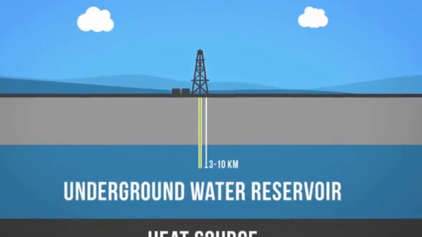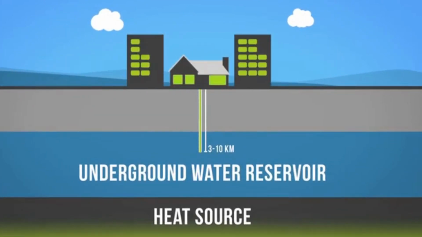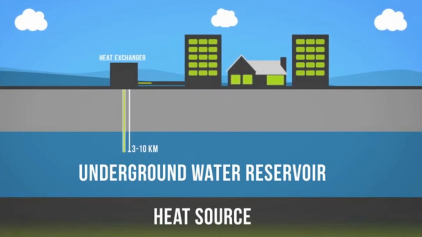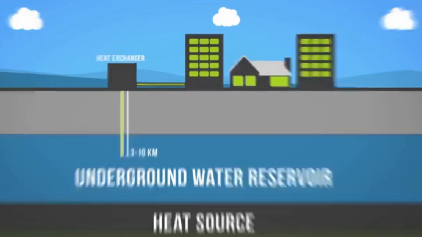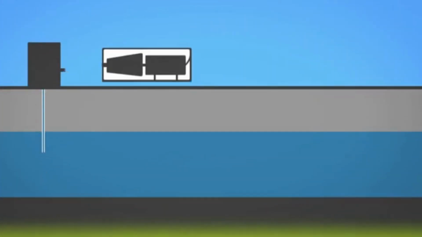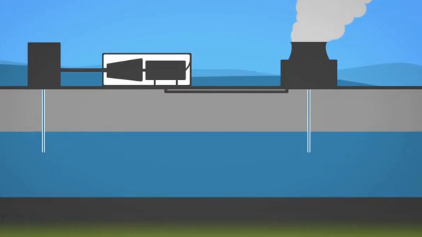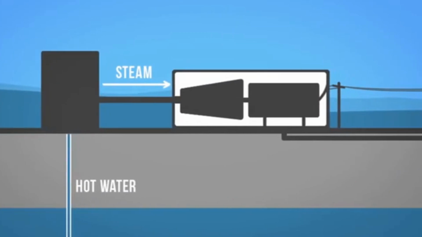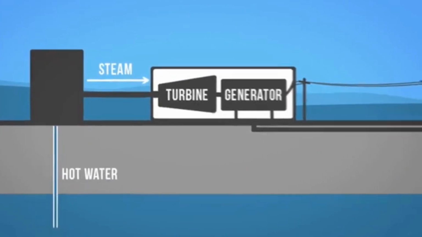Hot water from the Earth may be directly extracted to heat homes and buildings. This is done either by directly circulating the hot water through buildings or by pumping it through a heat exchanger that transfers the heat to the building. Geothermal heat can also be used to produce electricity in a geothermal power plant. Electricity is generated when geothermal heat produces steam that turns turbines on a generator.